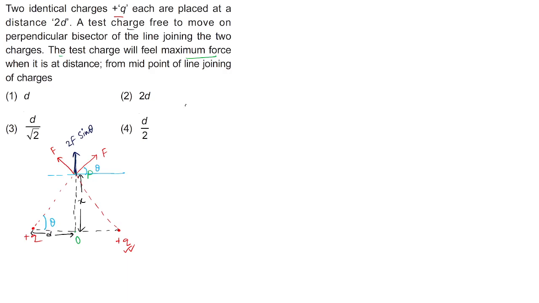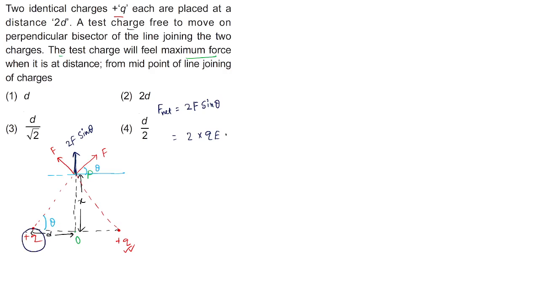So 2F sine theta is the net force, correct? What is F? F is nothing but qE, where q is the test charge and E is the electric field due to an individual charge. And what is sine theta?